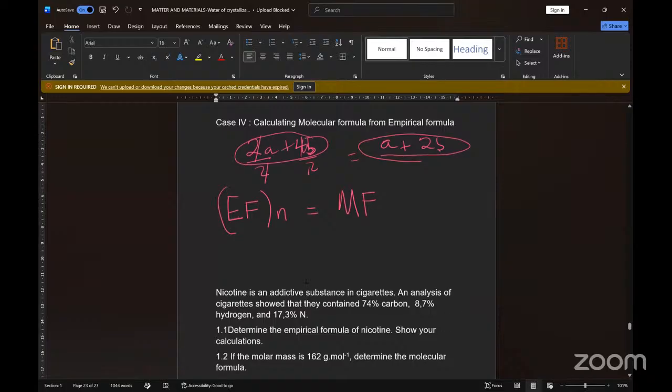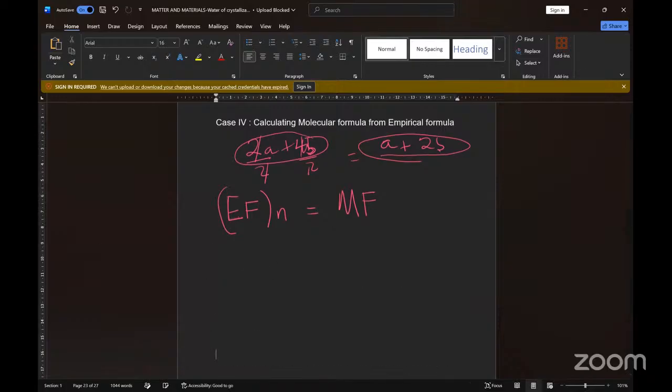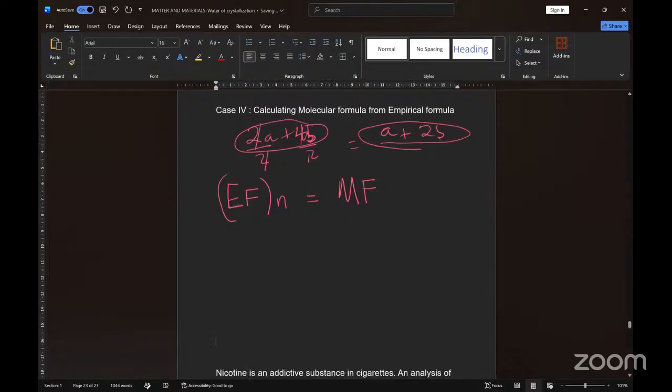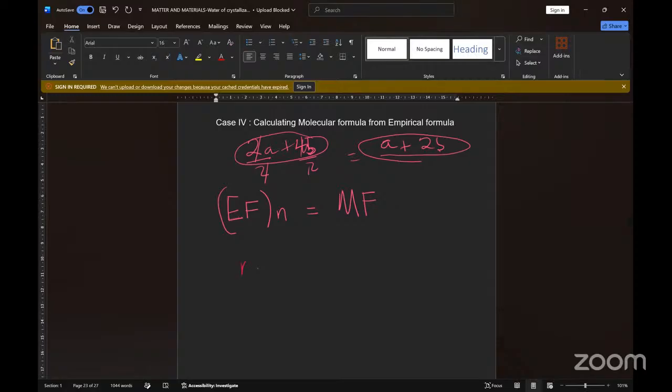And therefore, we can also say that another way of simplifying it is by saying that the value N is equal to the molecular formula divided by the empirical formula. So either you use this or that, you will get what I'm talking about.